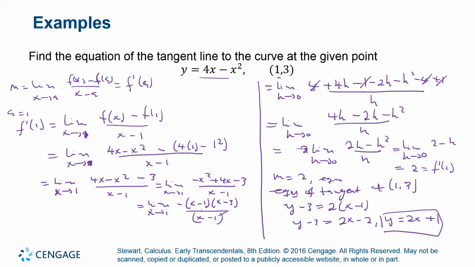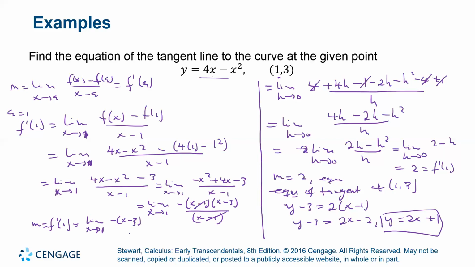So again, these factors will cancel out. Then we have the slope, f prime at 1, which is the limit x goes to 1 of negative x minus 3.